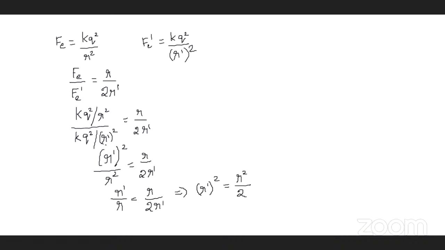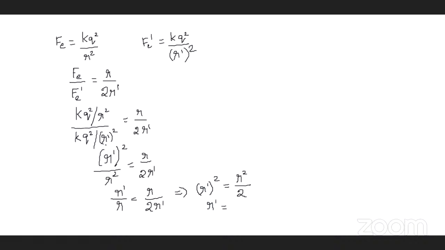So this 2 I am keeping it on the right hand side of the equation, and this r prime will be taken to the left hand side, that is r prime square, and this r will be taken to the other side. So cross multiplication, r prime squared equal to r squared by 2. Now we need the value of r prime only, so we have to take square root on the other side.